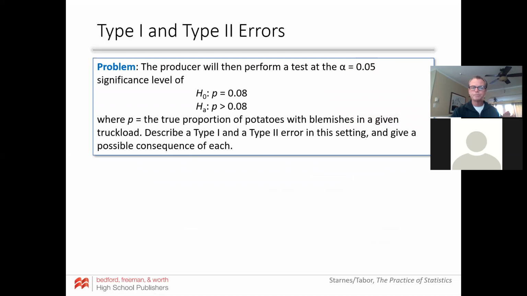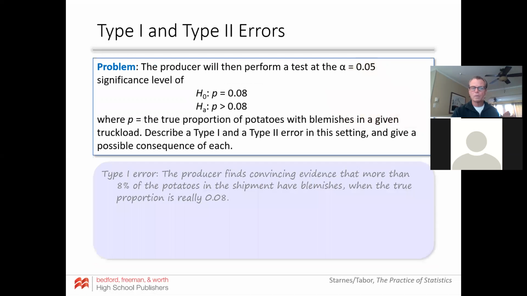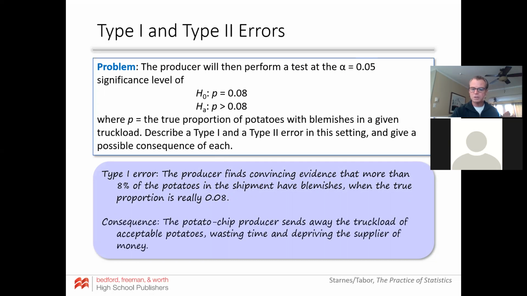So what happens? Type 1 error. The type 1 error is you reject the true null. So the type 1 error is the null is true, that the banged up potatoes are 8%, but you rejected that because you found that more than 8% of the potatoes were marked. So what's the consequence? Well, you send away the truck when they were fine.